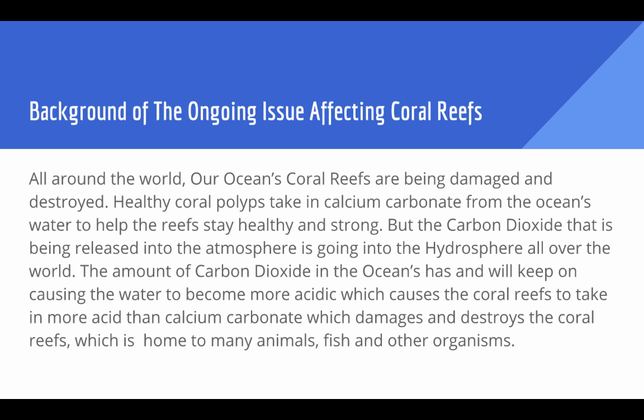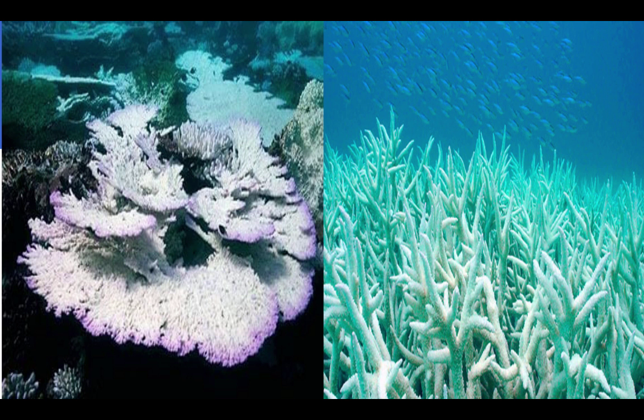The amount of carbon dioxide in the oceans has and will keep on increasing, forming acid that takes over space of calcium carbonate, which damages and destroys the coral reefs because the coral reefs are taking in more acid than calcium carbonate. Here's a closer look of what ocean acidification is doing to coral reefs.